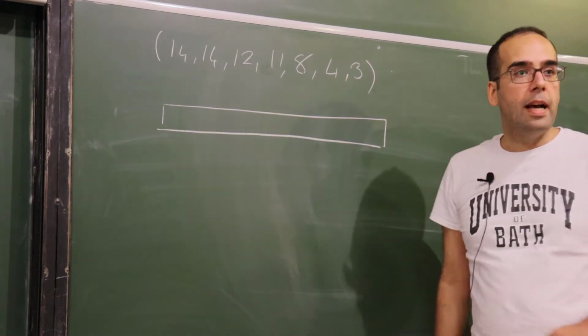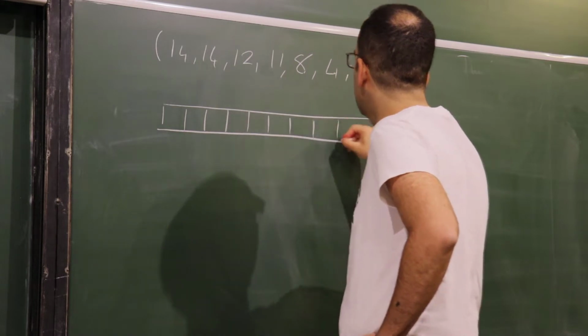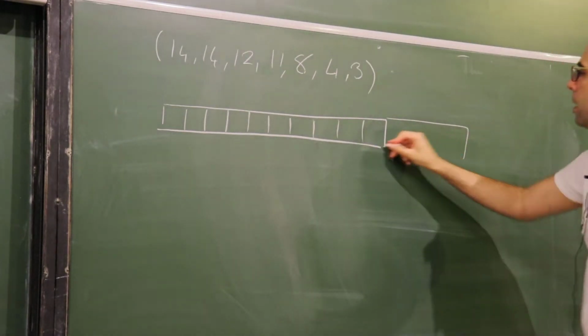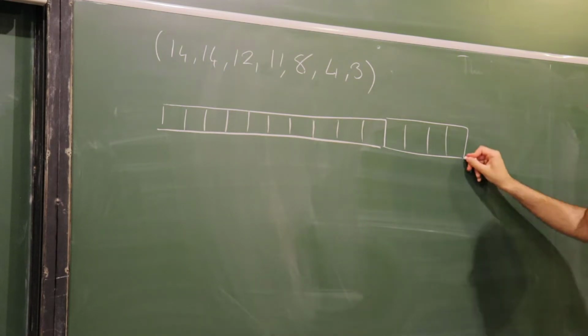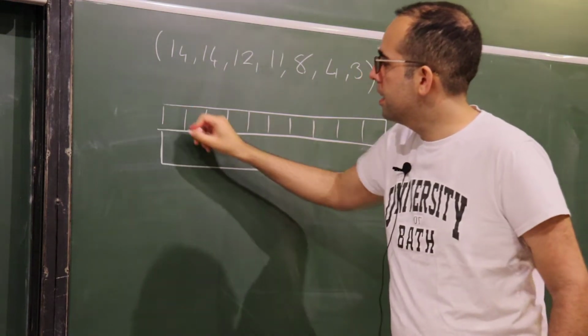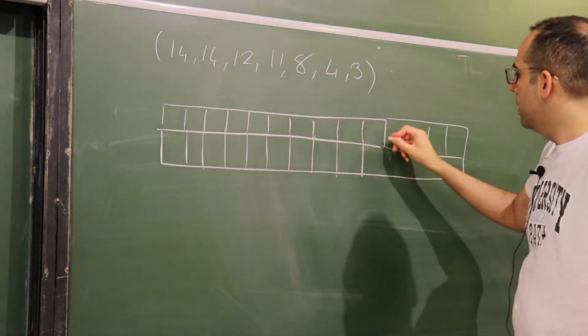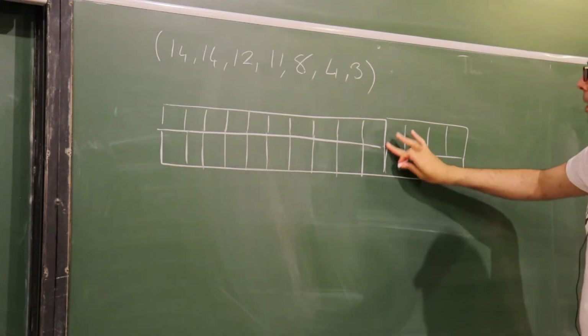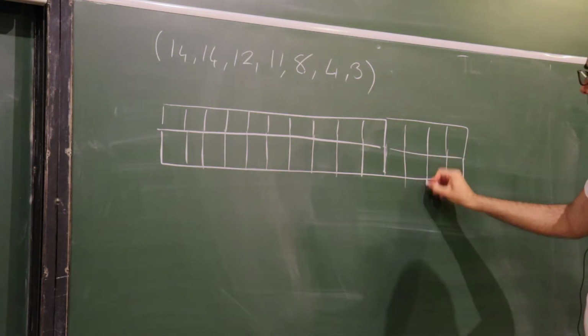So the first row is going to have 14 boxes. 1, 2, 3, 4, 5, 6, 7, 8, 9, 10, 11, 12, 13, 14. Okay, good. The second one has another 14 boxes. Okay, then 12, so here.